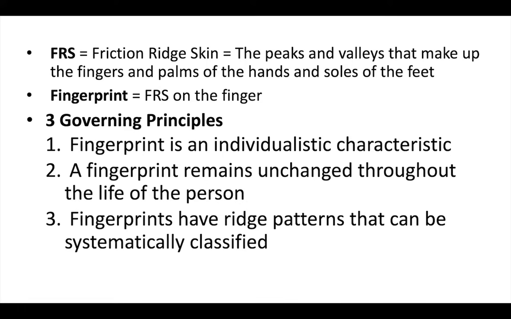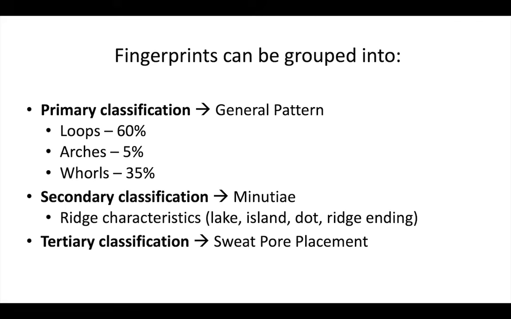Number 2, a fingerprint remains unchanged throughout the life of the person. From 6 months after conception all the way until death, your fingerprints stay the same. And the third governing principle is that fingerprints have ridge patterns that can be systematically classified.